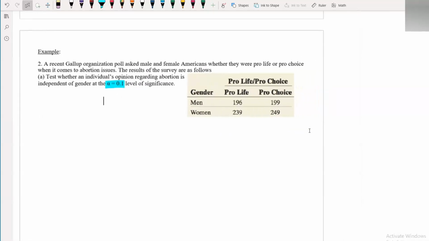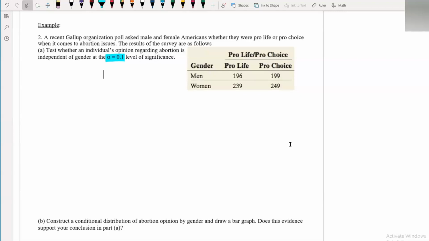For this part, first I'll try to find expected counts by hand. So first step, adding these two to find total for the first row is 395. These two, that is equal to 488. Now adding these two, here is 435.